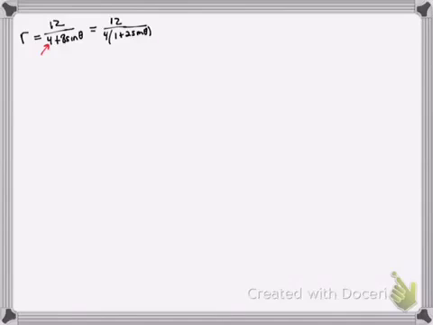Once I do that, I see 4 goes into 12 3 times. So my final equation will be 3 over 1 plus 2 sine theta. Then I look to see what E is, and E in this case is going to be 2. Right away, that's greater than 1, so that's a hyperbola, and so I have an idea of what it looks like.